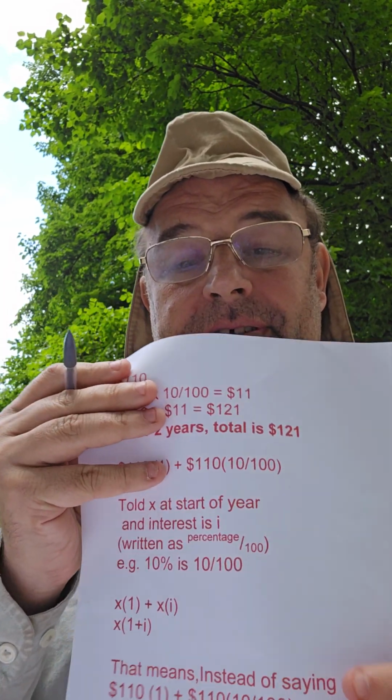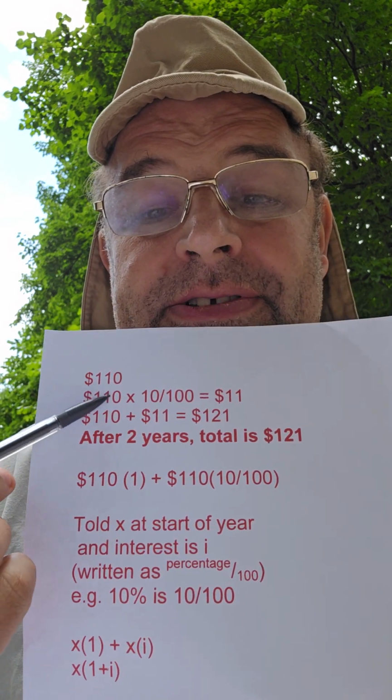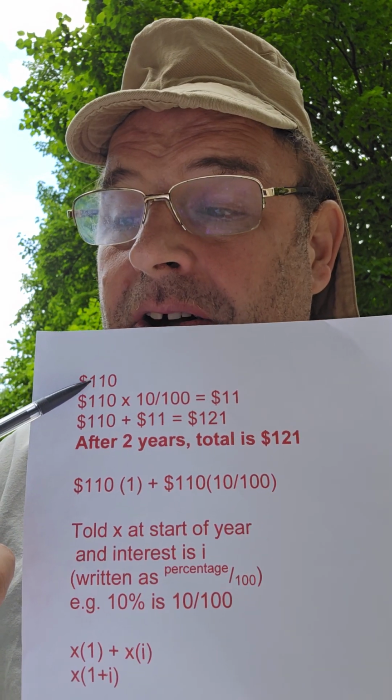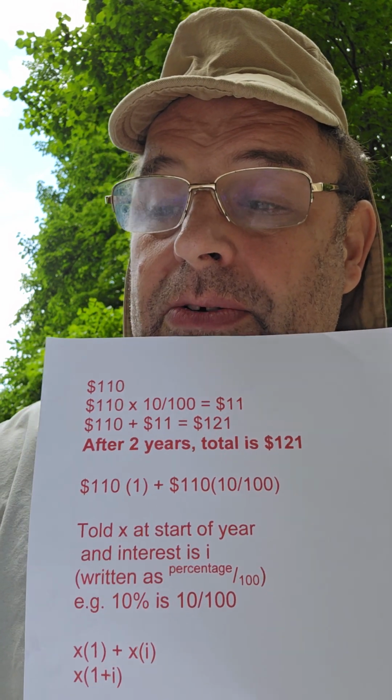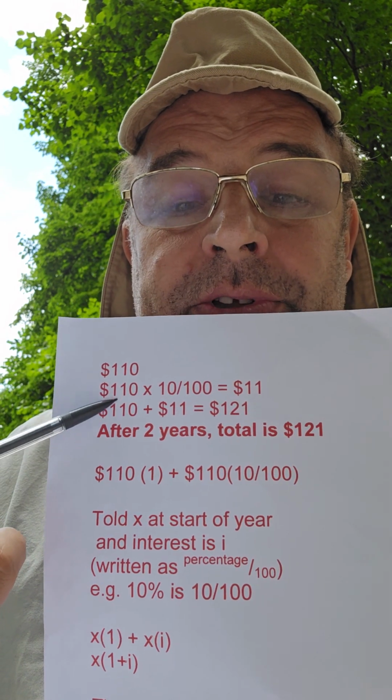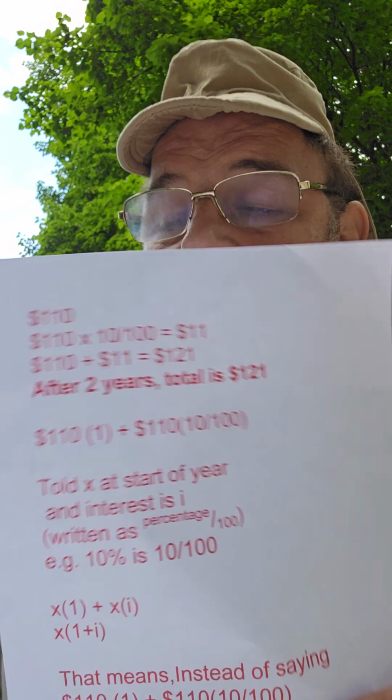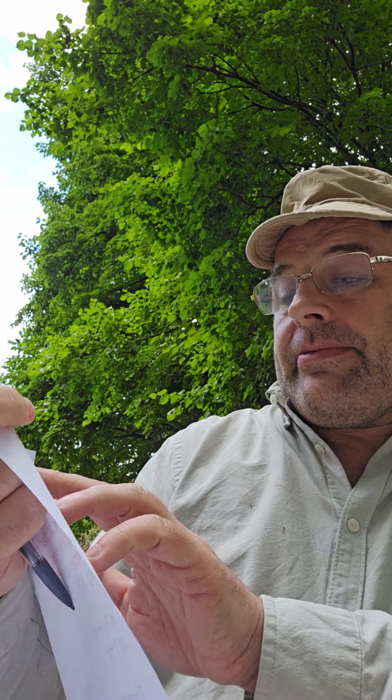So I'm going to explain. Let's just, for example, start at the beginning of year 2 when you had 110. We took 110 and we added on 10 over 100.